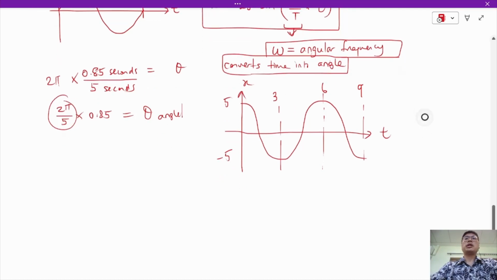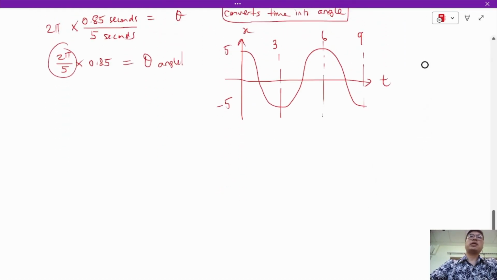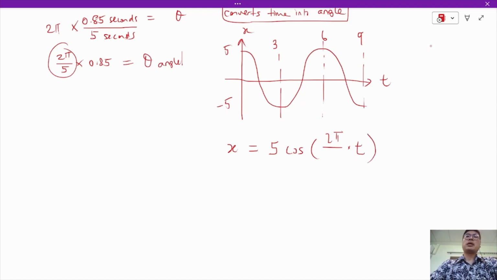Are you able to write the function of this graph at a single glance? It's very easy. x equals 5 cosine 2 pi divided by something multiplied by time. And what is divided by what? Divided by the full cycle. The full cycle of a cosine graph starts from here and ends here, so it's 6. So it's 2 pi over 6. Don't simplify any further. That's about as much as we can go.